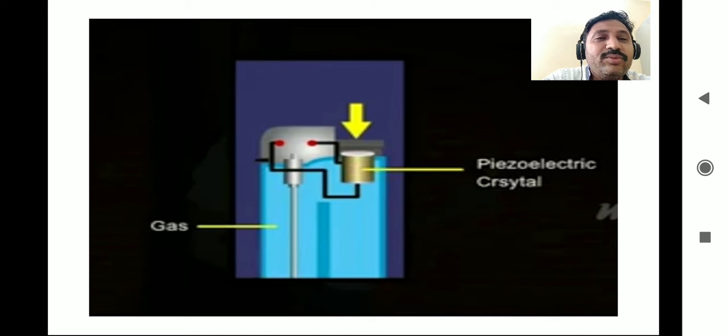The gas moves from the knob in the upper direction, and the two red dots indicate the electric current. When the person gives force to the piezoelectric material, it vibrates and gives voltage to the wire. The wire generates the spark, and the gas coming out from the knob makes the lighter light, that makes the fire.